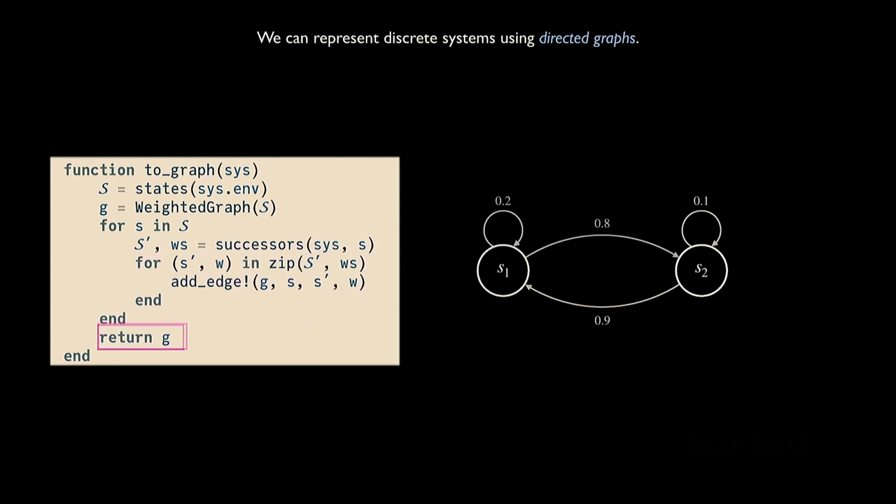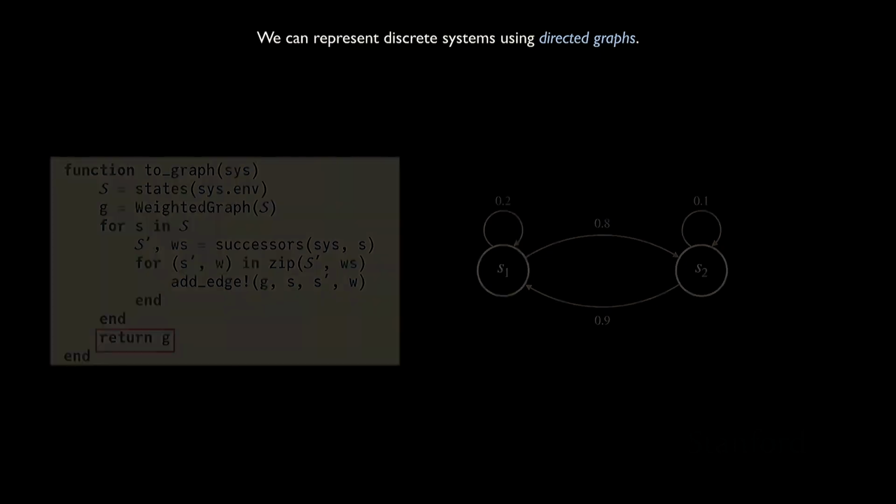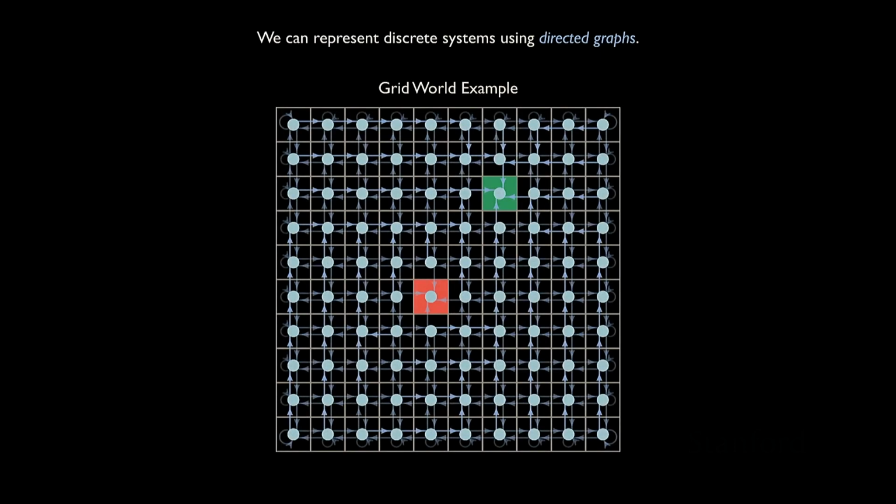Okay. And so then this is our final graph. And we can do this for systems with more than just two states. So for example, for the grid world example, this is what the graph looks like. There's a node for every single square in the grid world. And then there are these edges that represent the transitions between nodes.